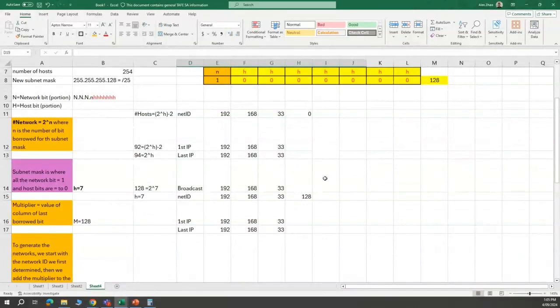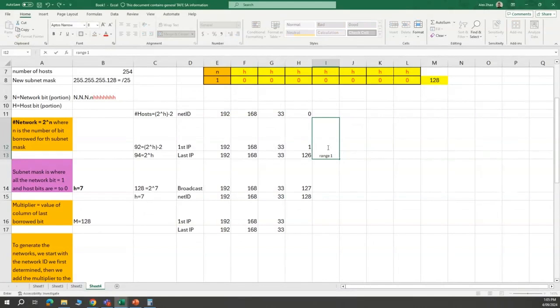So how do we know? Well, we have a broadcast. The broadcast is one before the next network ID. Our first usable IP address is 1 after the network ID, which is 0 plus 1. Our last IP address is 1 before the broadcast, 126. So our range is from 1 to 126.